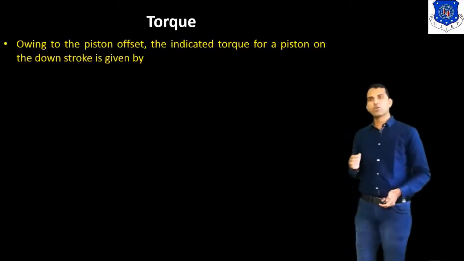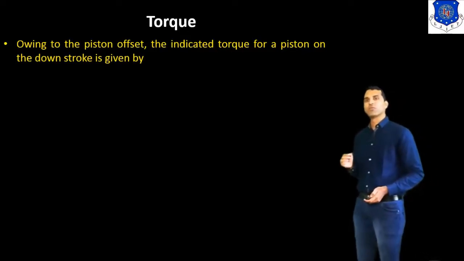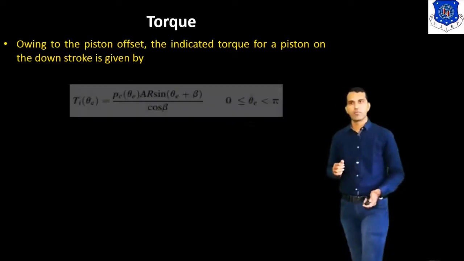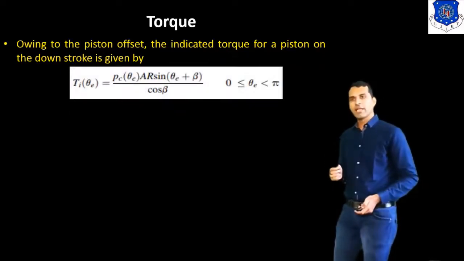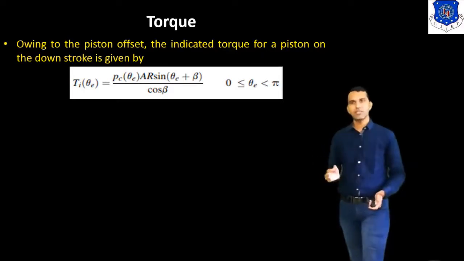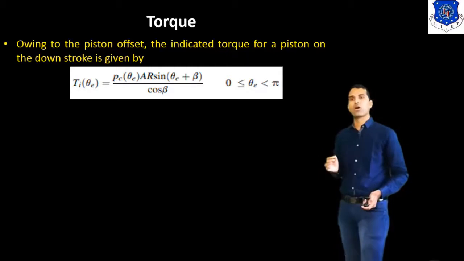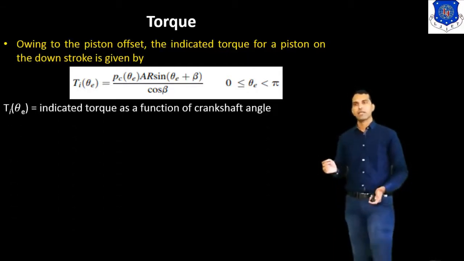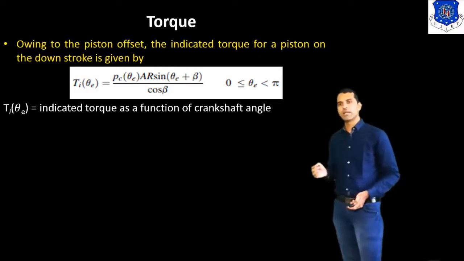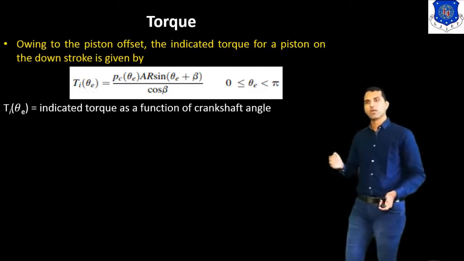Now, owing to the piston offset, the indicated torque for the piston on the downstroke is given by Ti(theta_c) = Pc(theta_c) A R sin(theta_c + beta) / cos(beta). Here Ti(theta_c) indicates the indicated torque as a function of crankshaft angle.